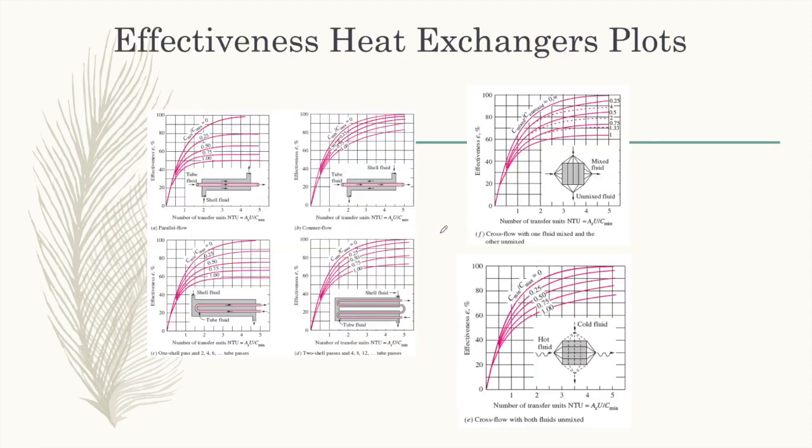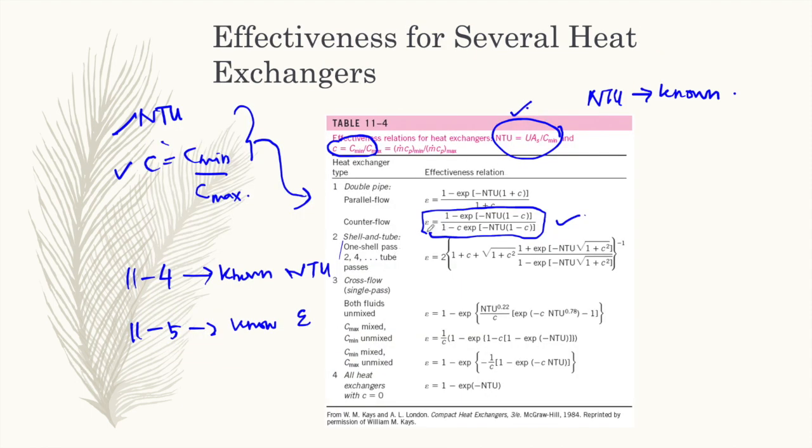Okay, so this is the effectiveness heat exchanger plot. You can not only refer to your value of effectiveness from the tables. We have two tables, 11.4 and 11.5.